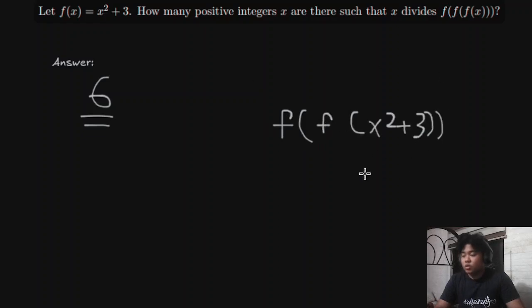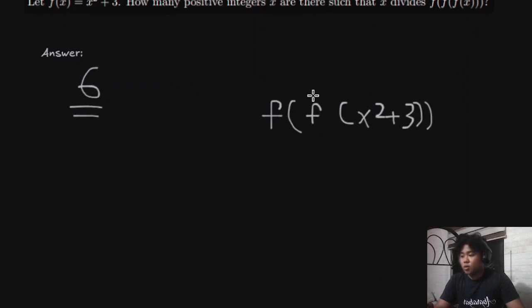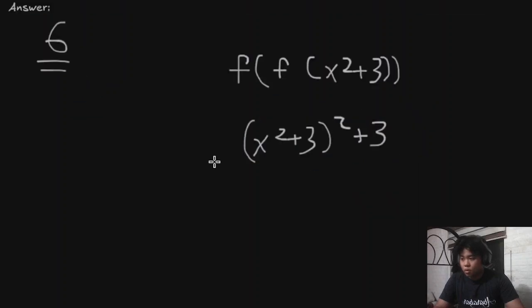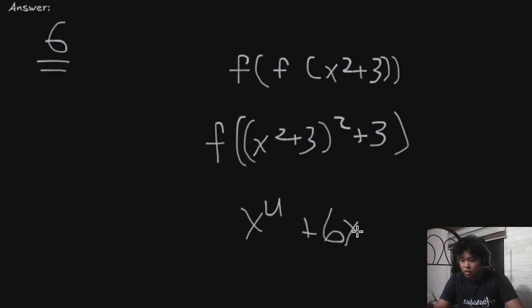Now to continue with this recursion, we will also use this as our x, making it x squared plus 3, squared, plus 3. And this will be inside of f of x. The resulting polynomial will give us x raised to 4 plus 6x squared plus 12.